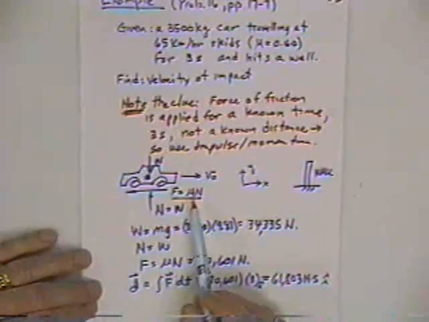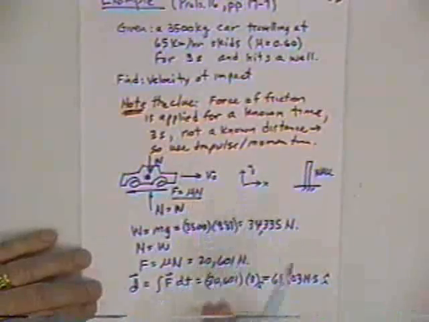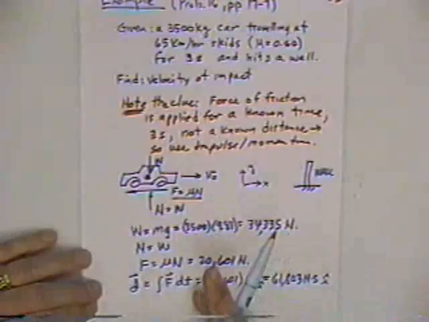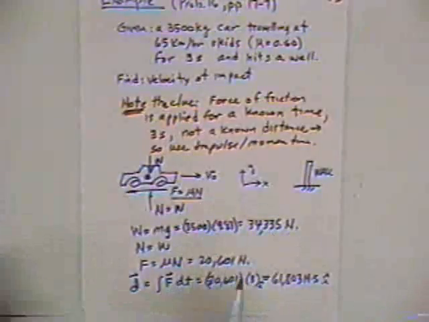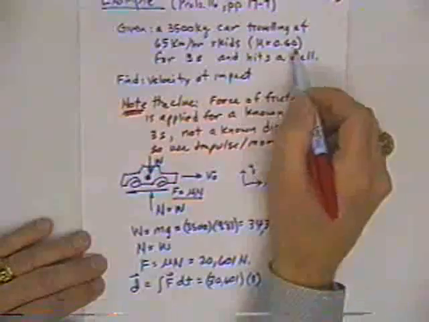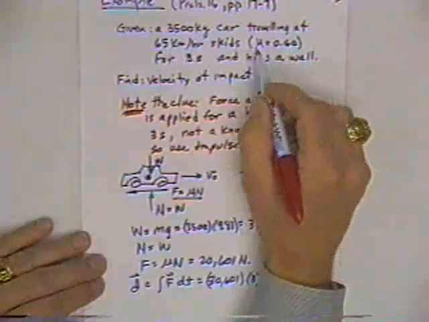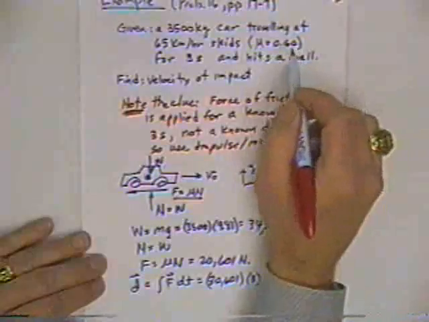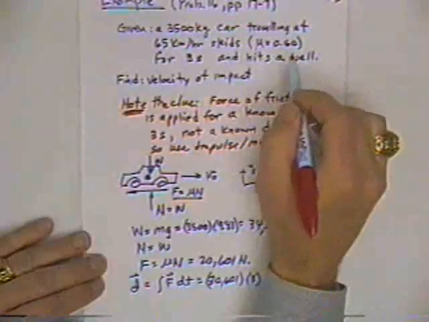Incidentally, good driving skill tells you that if you get on your brakes and lock your wheels up, not only do you not have so much control of the car, but you don't have as good a braking action as you do if your wheels are still turning. And that's because you're invoking the kinetic coefficient of friction as opposed to the static. Remember, the static coefficient of friction is a little higher.